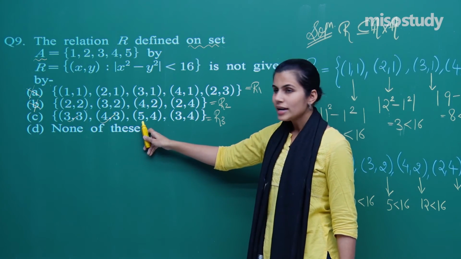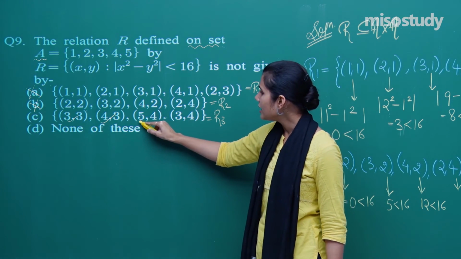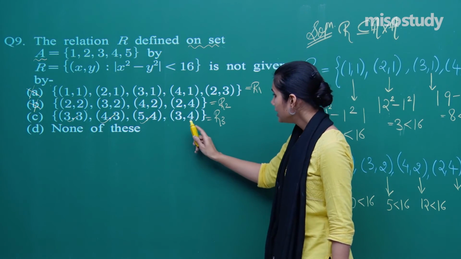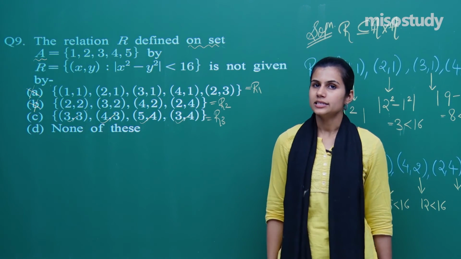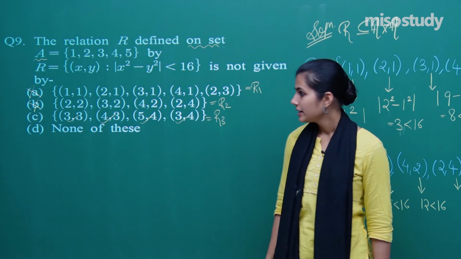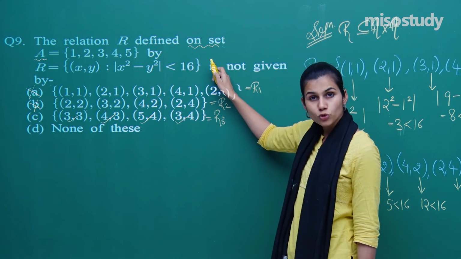Next, 25 minus 16, that modulus is again less than 16. 9 minus 16, again less than 16 if you take the modulus. That means R3 is also formed by satisfying this rule.